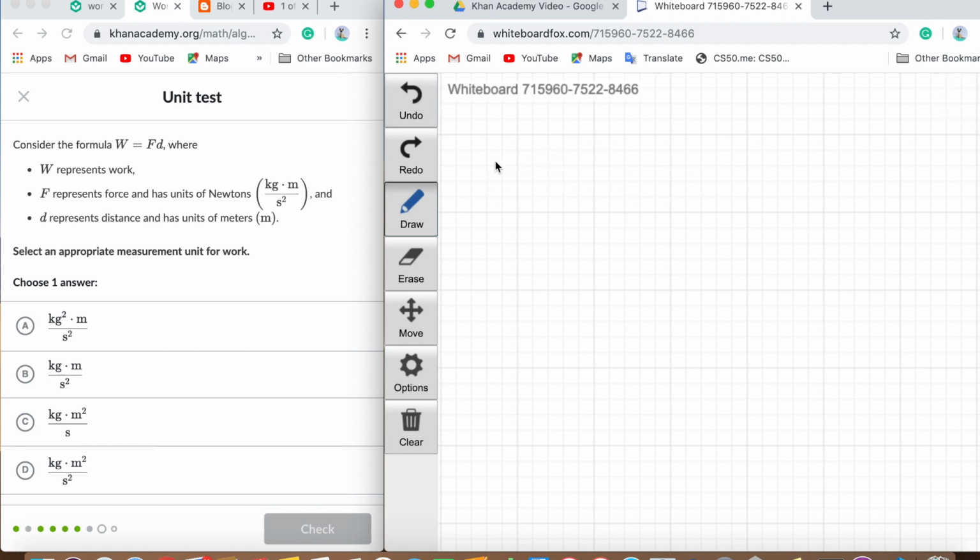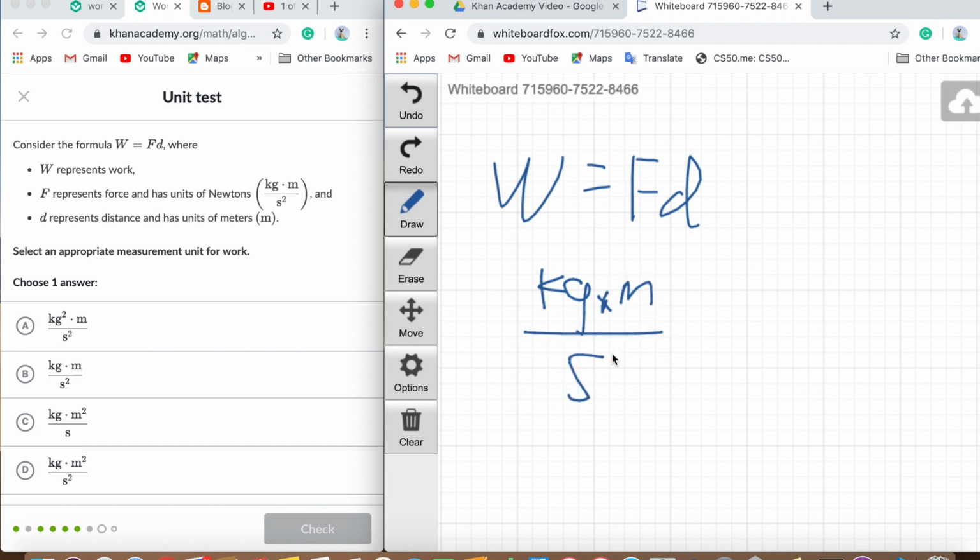So we get W equal to F multiplied by D. W represents work, F represents force, and we have this unit: kg multiplied by m divided by second squared, multiplied by d, which is meter. And then if we simplify this, what do we get?